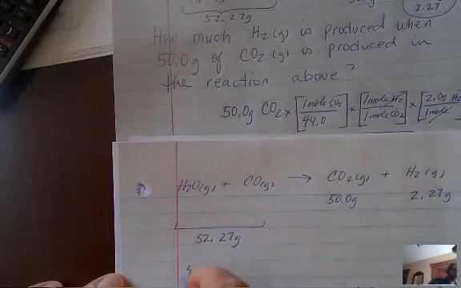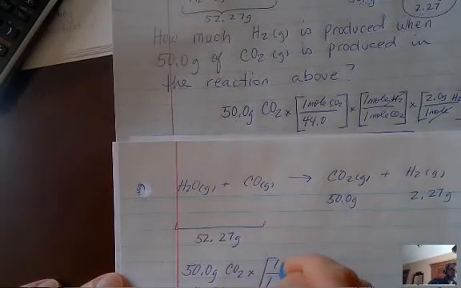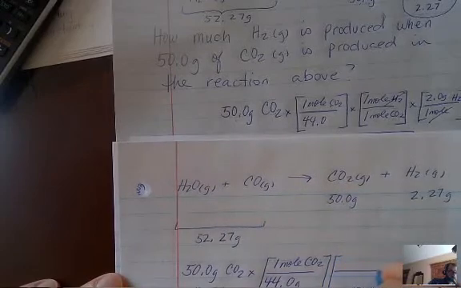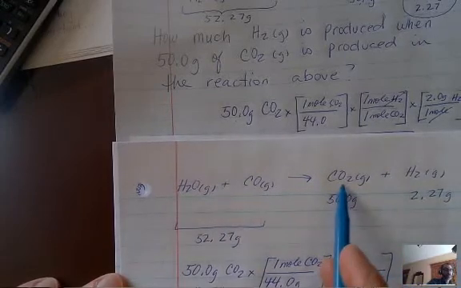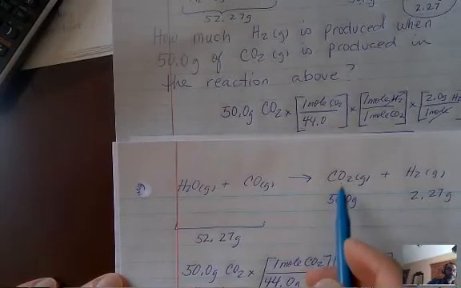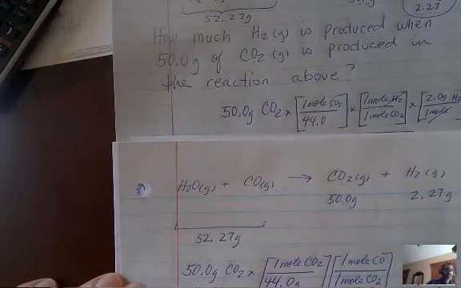Okay, so we can go through this pretty quickly. If I had 50 grams of CO2, first step, grams is useless. I need to get the moles, right? 1 mole of CO2 is equal to 44.0 grams of CO2. Okay. Now that I'm in moles, let's relate moles of CO2 to moles of CO. For every 1 mole of CO2 that came out, there must have been 1 mole of carbon monoxide that went in.